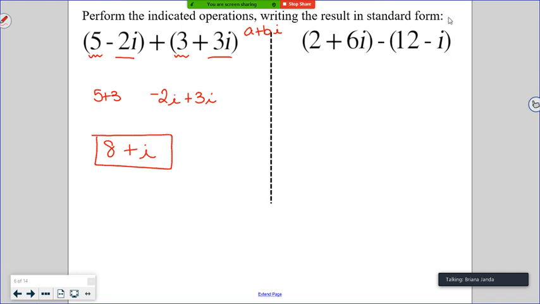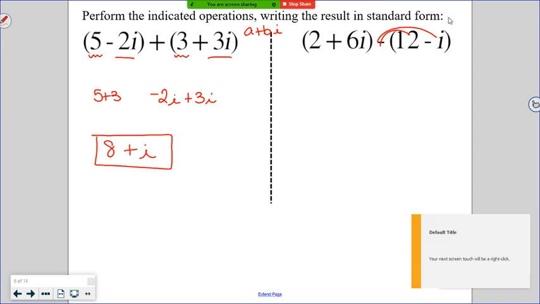On the subtraction one, job number 1 is to distribute that negative through. So before we start combining our like terms here, I'm going to reorient my board.